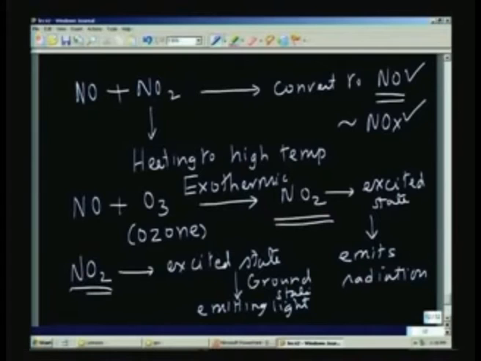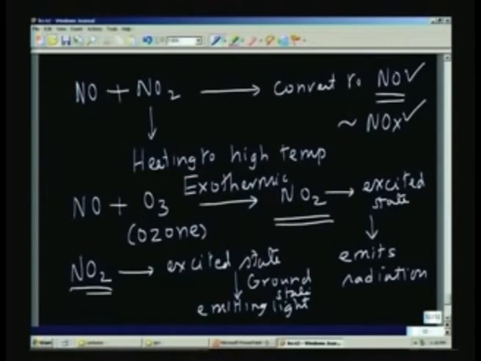Suppose we want to measure nitric oxide separately and nitrogen dioxide separately, that also can be done, because at low temperatures nitrogen dioxide remains as nitrogen dioxide and nitric oxide remains as nitric oxide. These two components are separately available.